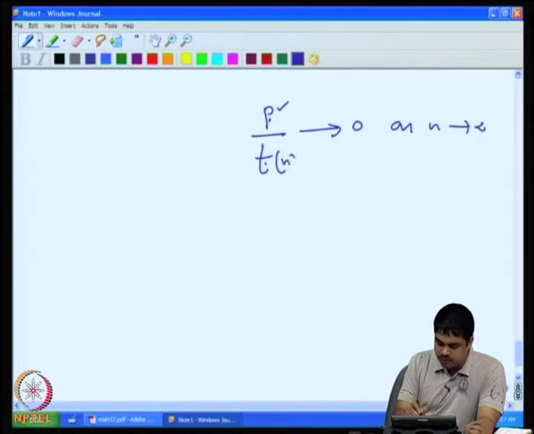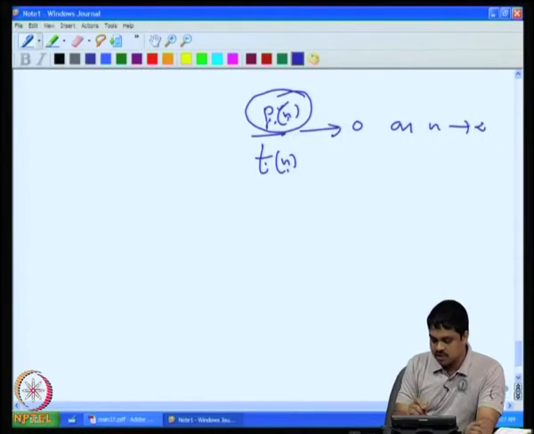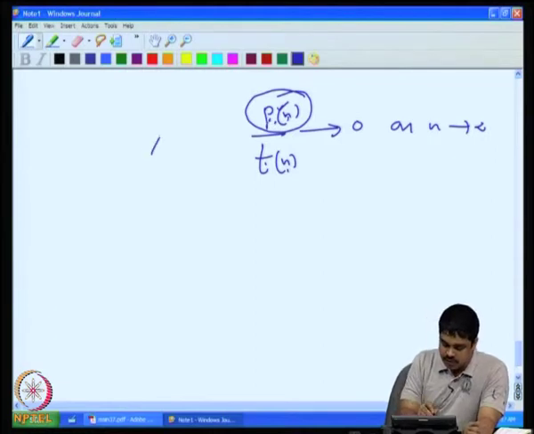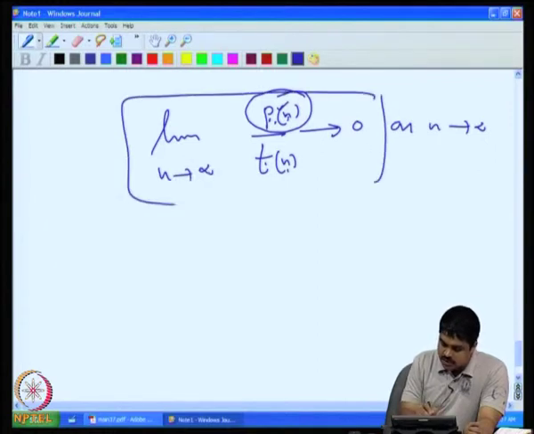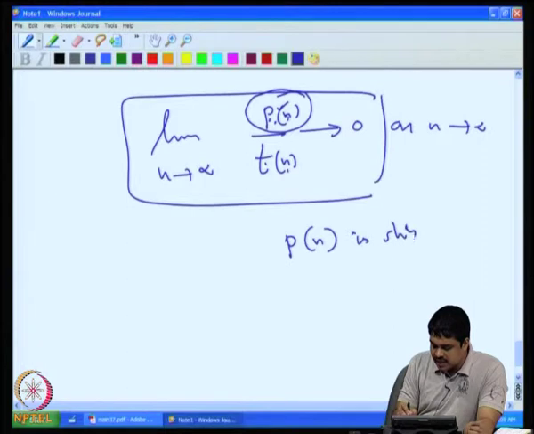t is also a function of n, p is also a function of n. If n tends to infinity, this will tend to 0. Sorry, so here if it tends to 0, it means that p is slightly smaller than t in some way. This is a formal way of telling that in the limit as n tends to infinity, p of n is, intuitively, slightly smaller than t of n.